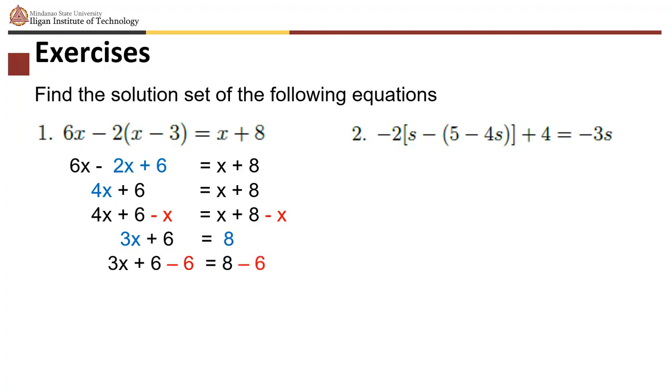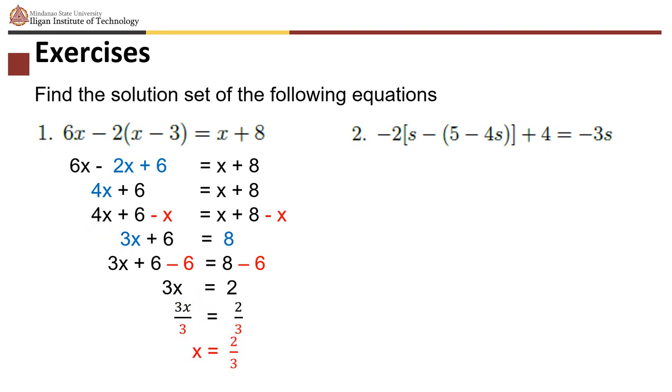We can subtract both sides by 6 to isolate our x variable. So you will have 3x equals 8 minus 6, which is equal to 2. And then divide both sides by 3 to come up with x equal to 2/3.